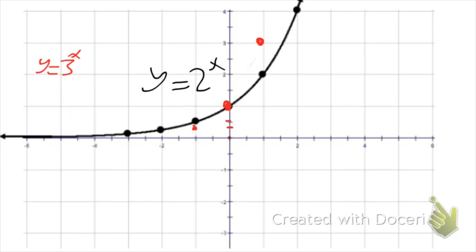So we can just draw a line, and exponential functions never touch the x-axis. So let's say it's over there. And it needs to be a steep angle because it needs to reach 6. So around there.